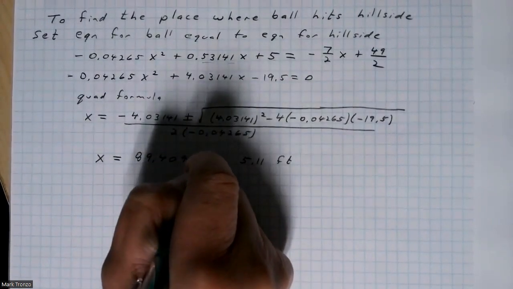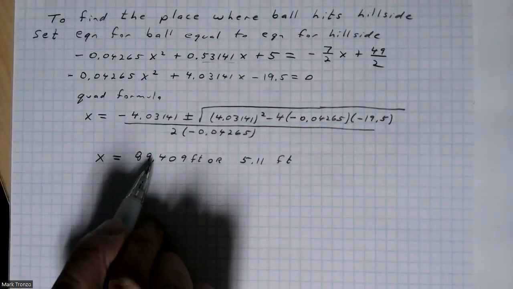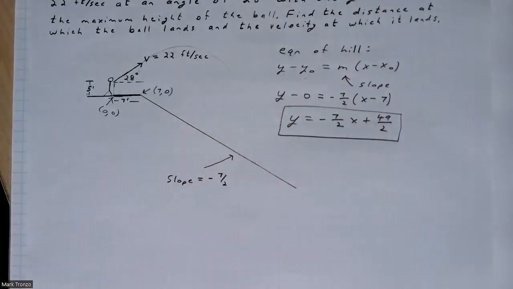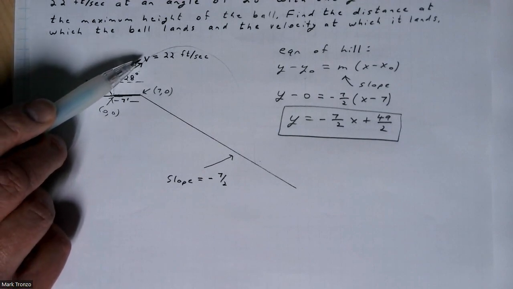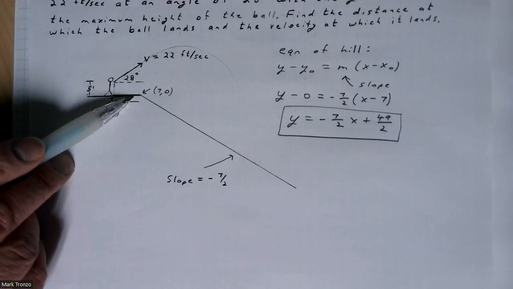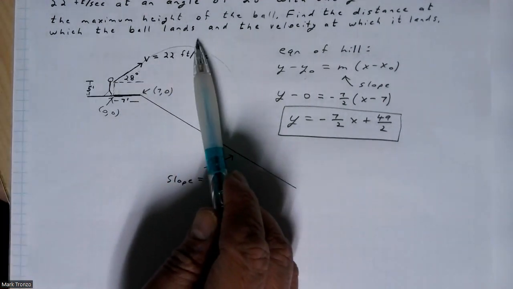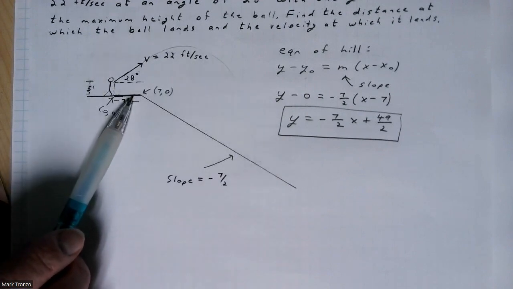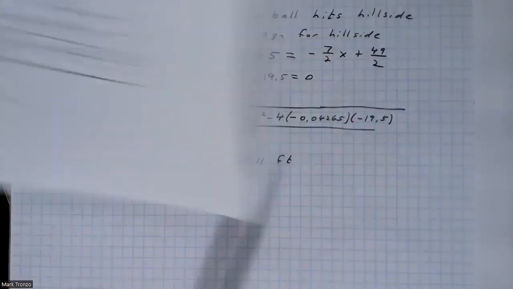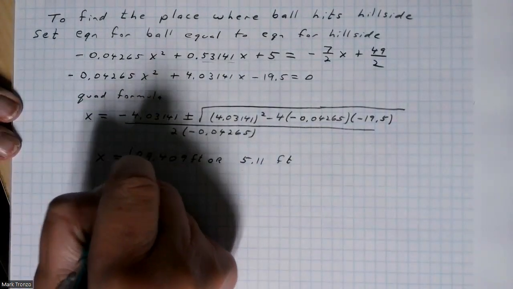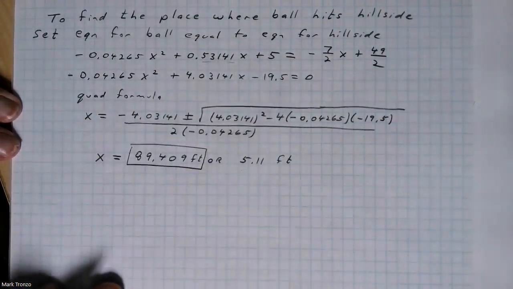Now, this time it's not as clear because they're both positive, but we can look at this and say that the ball is rising here. It's probably not going to be dropping down. In fact, when we found before, it's going to go up pretty high. So it's not going to land over here at this 5.11 feet. So it's going to land way down here where x is 89.409.